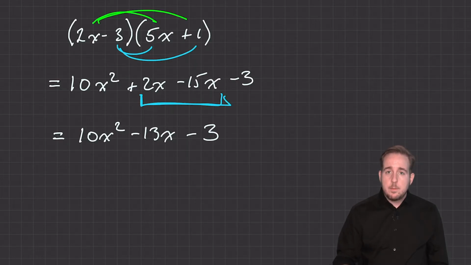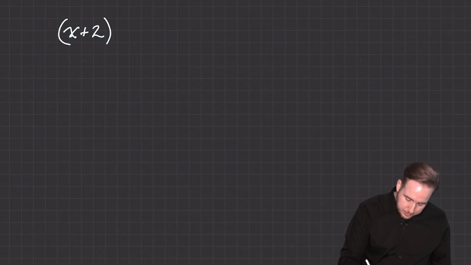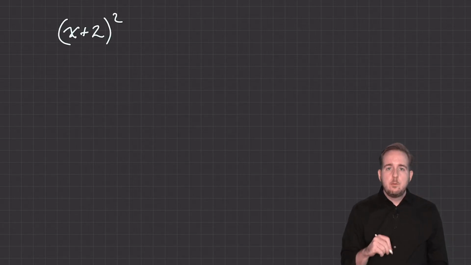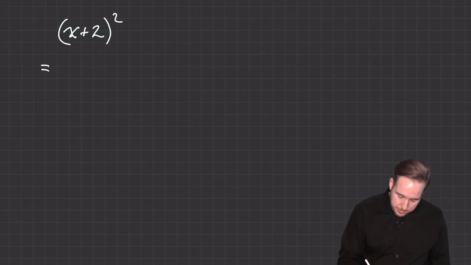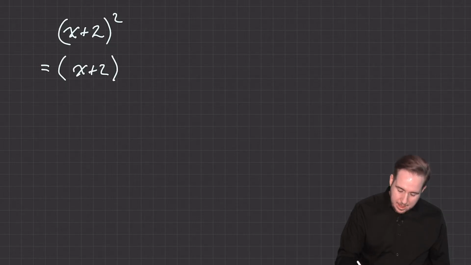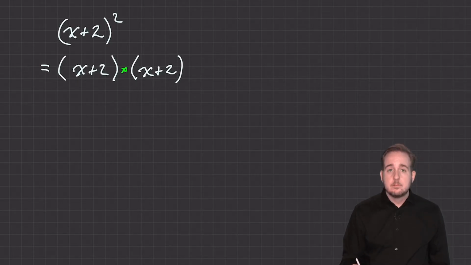Okay, now what about the question that we had at the very beginning, which was (x plus 2) squared? Well, the right way to do this is to remember what squared means. Squared means have the thing and have the thing a second time and multiply in between.